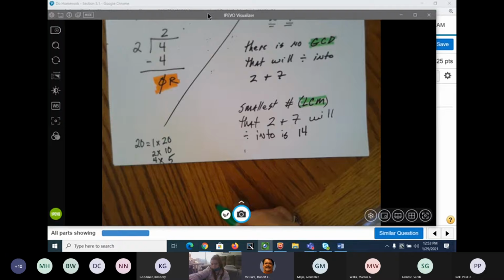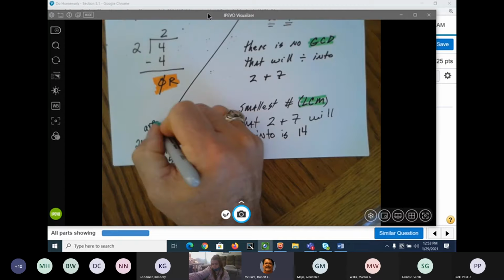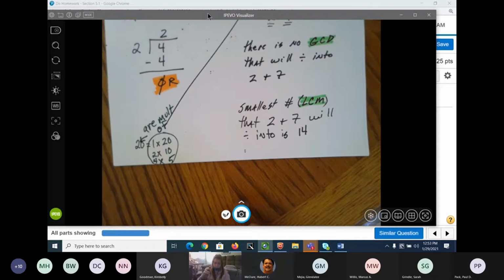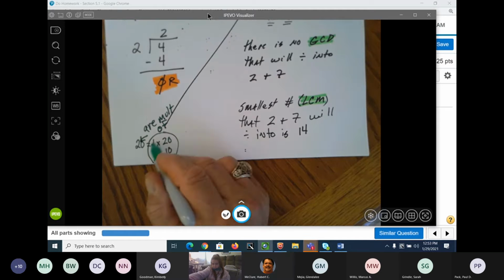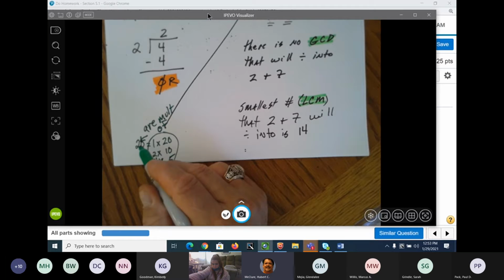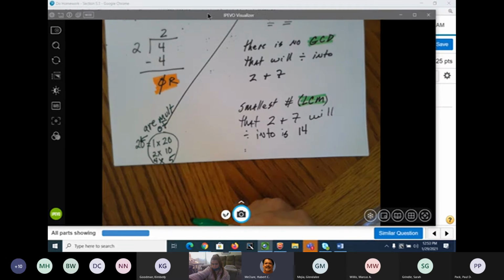And then make yourself say, these are multiples of that. And that way you'll never get it wrong. These numbers right here are multiples of 20. 20 is not a multiple of 5. These are multiples of 20. That's the best way to remember it.